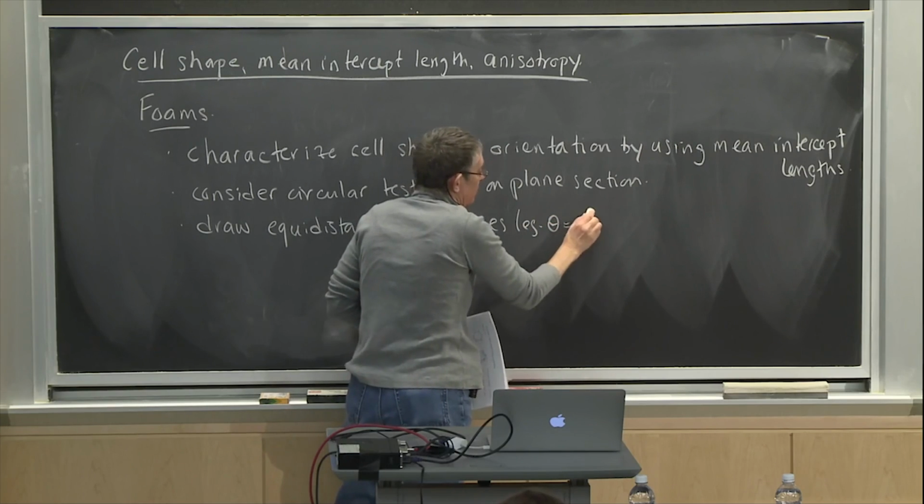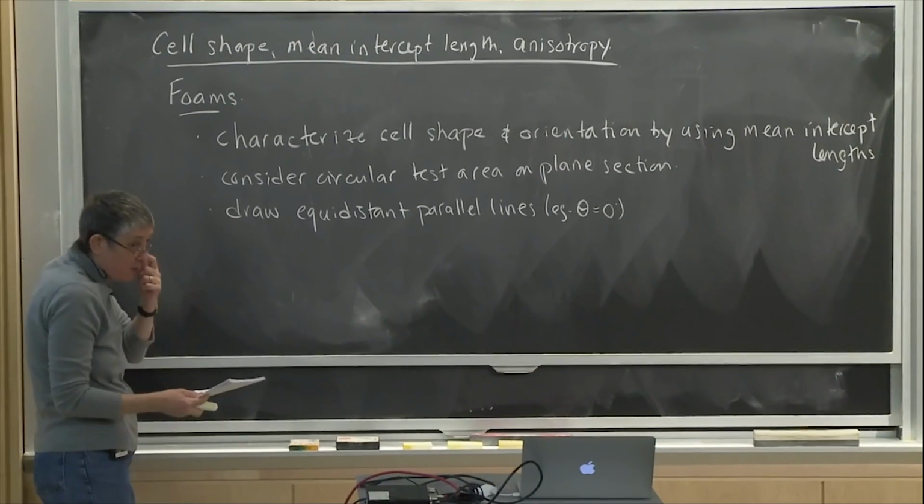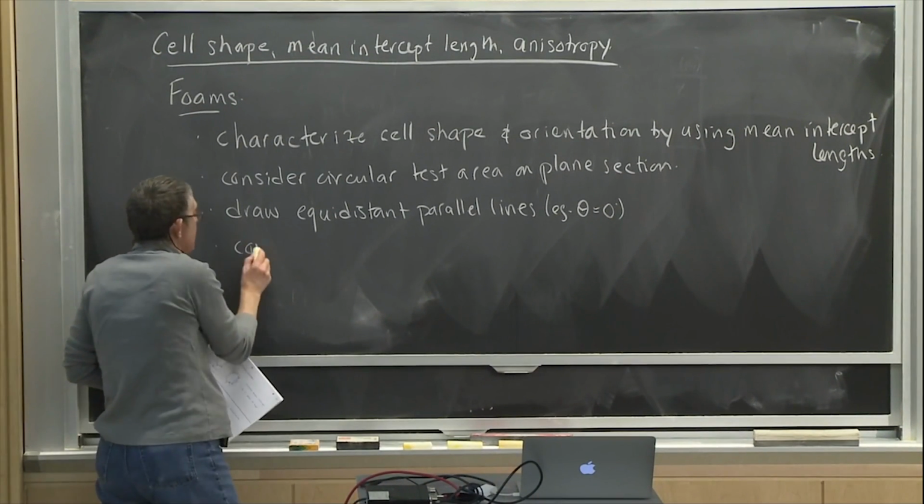For example, you might start at theta equals 0, and then you count the number of intercepts of the cell walls with the lines.